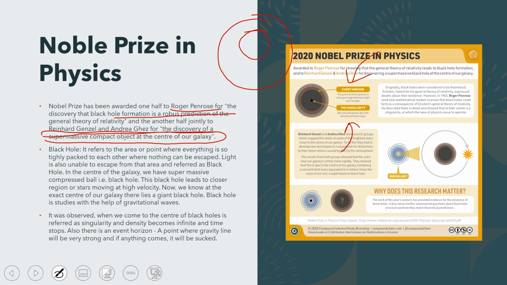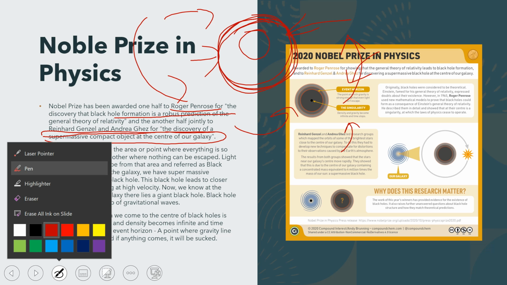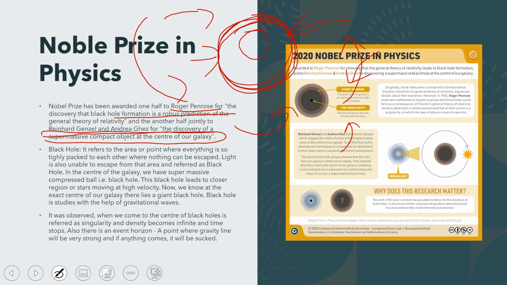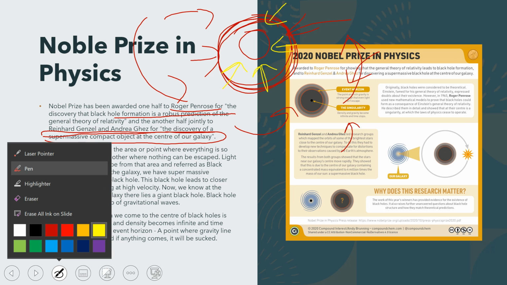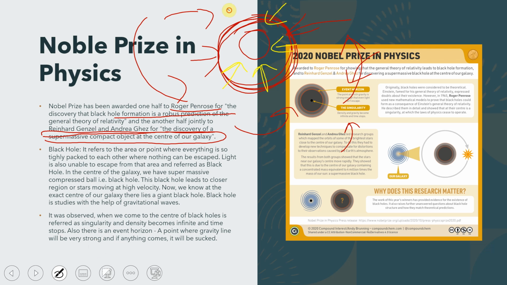If anything touches the event horizon, it can't escape. If everything is moving in the universe and comes close to this event horizon, ultimately it will be sucked in by this black hole.